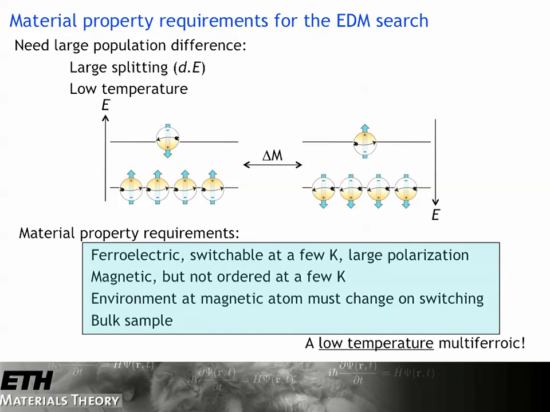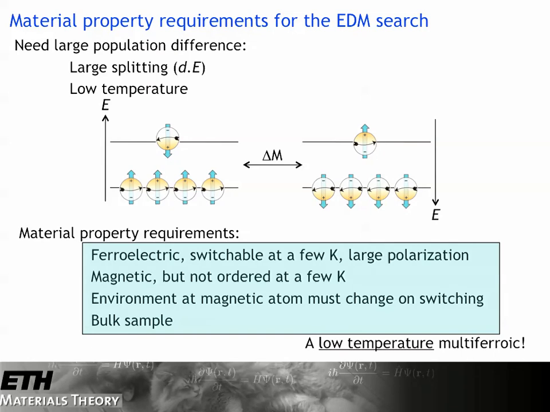I can't increase the electron's electric dipole moment, that's whatever it is, but I can increase my effective electric field by using a ferroelectric material, because then the electric field felt by the electrons in the material is enhanced by the ferroelectric polarization. So on the shopping list that Steve Lamoreaux's group gave me of what they wanted, their first requirement was that it should be ferroelectric.